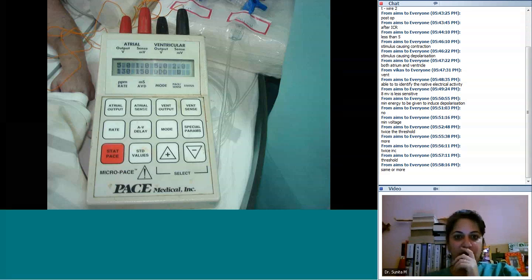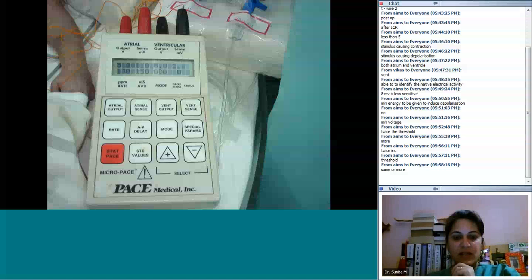So now if you look at this pacemaker here, this is another type of temporary one that you have. You have an atrial output, which is going to be your threshold. You have an atrial sensing. You've got a ventricular output and a ventricular sensing. And you're going to set your rate. If you're doing a DDD pacemaker, you may even set your AV delay, right?